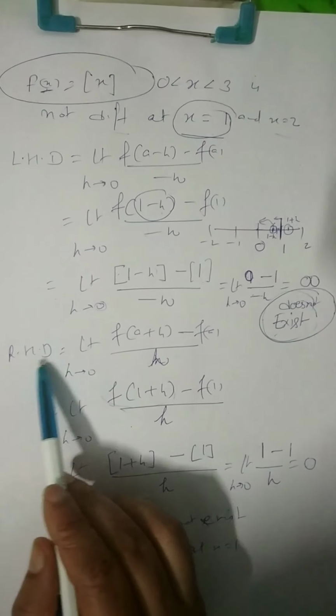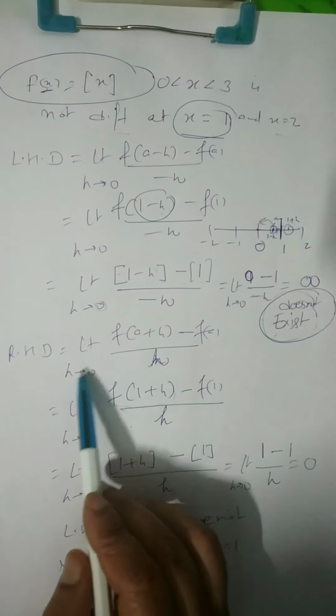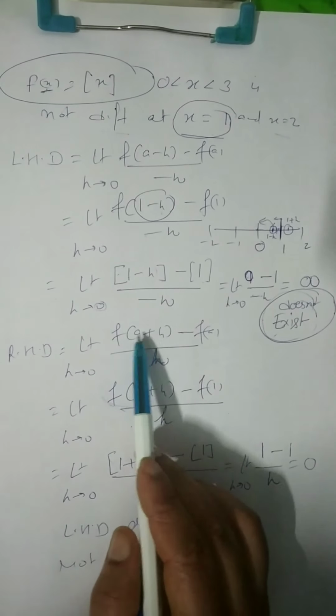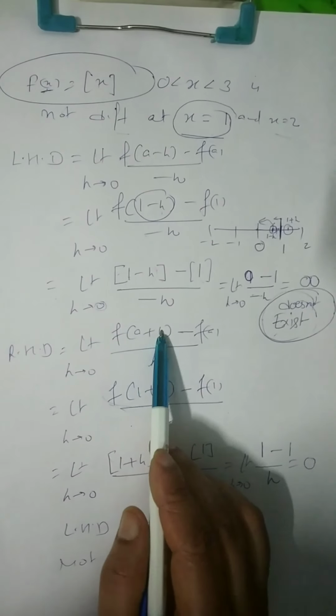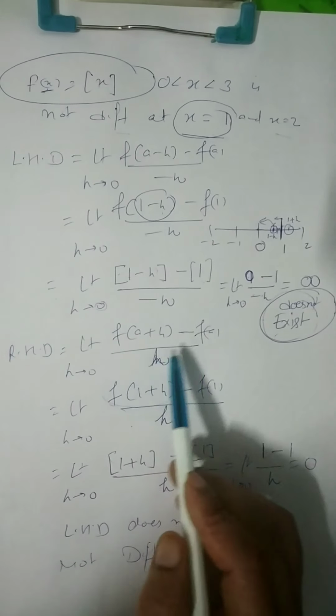Similarly, now we find the right hand derivative. The definition is limit h approaches 0 of (f(a + h) - f(a)) / h. For the right hand derivative you write a + h and positive h in the denominator.